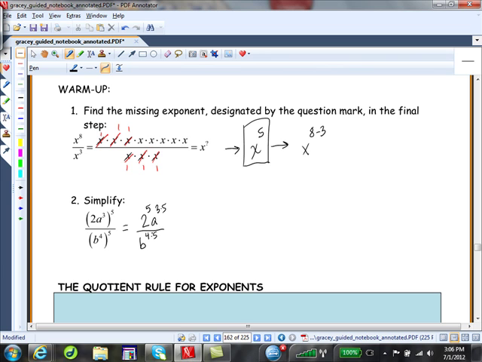This is the product to powers rule. And then we get 2 to the 5th is 32, a to the 3 times 5 is a to the 15th over b to the 20th. And we're good to go.